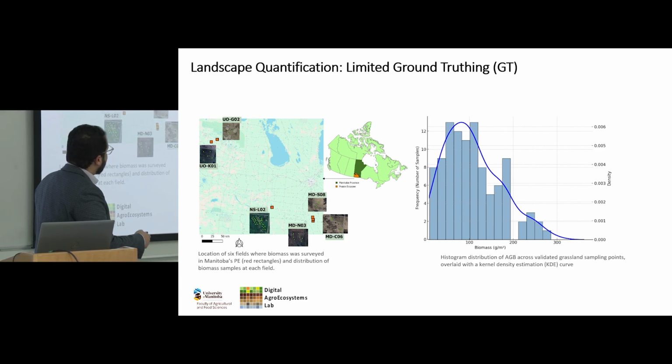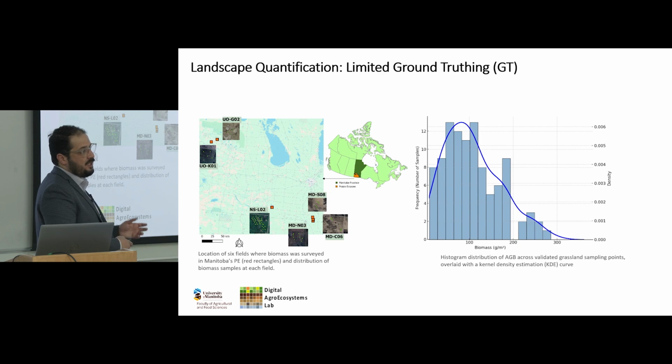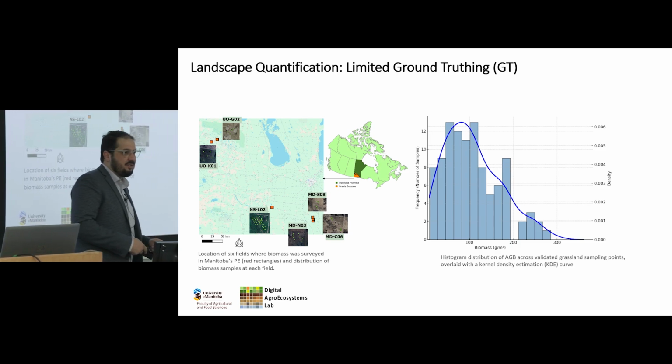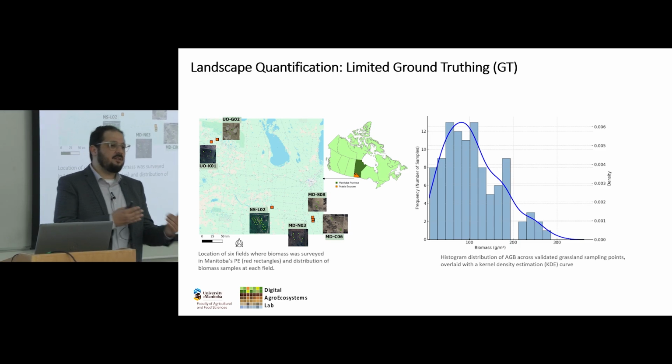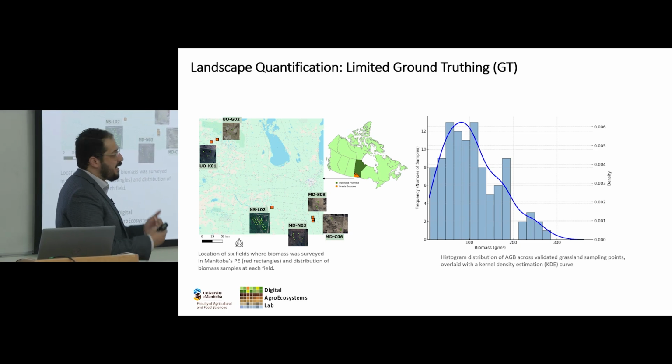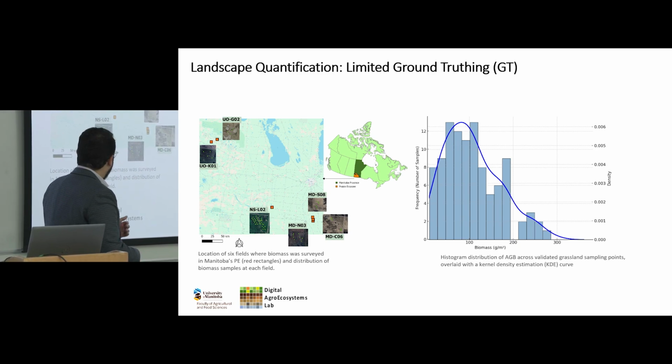The question we had is that this kind of data input is not enough for any AI. 95 is not enough, but also the data is not normally distributed. We also need the other edge of the biomass. We need the low biomass as much as the maximum biomass to train our AI.